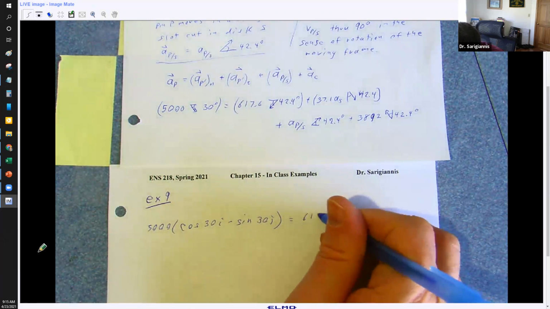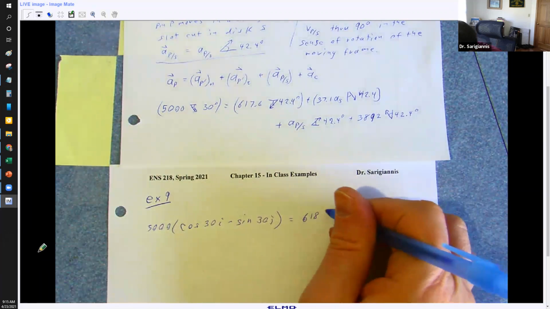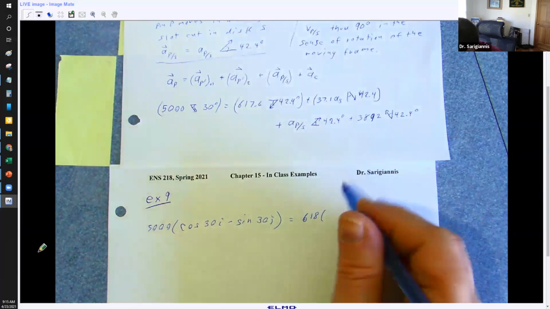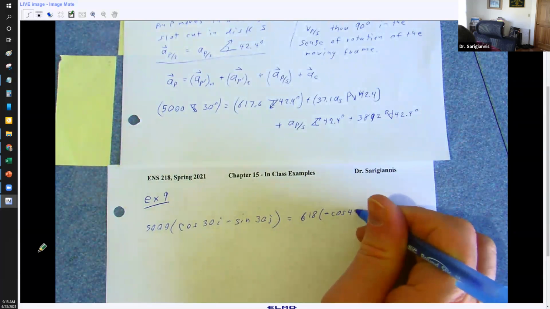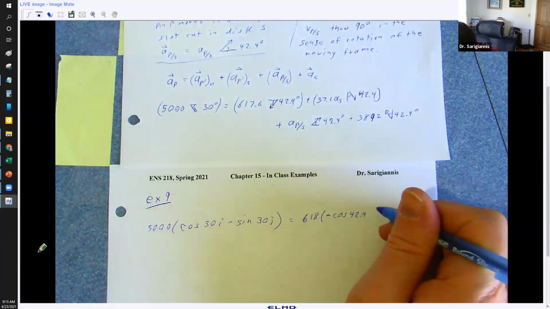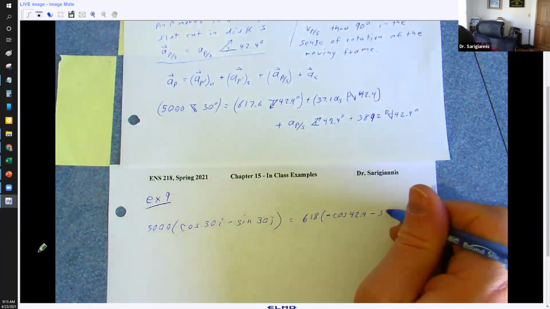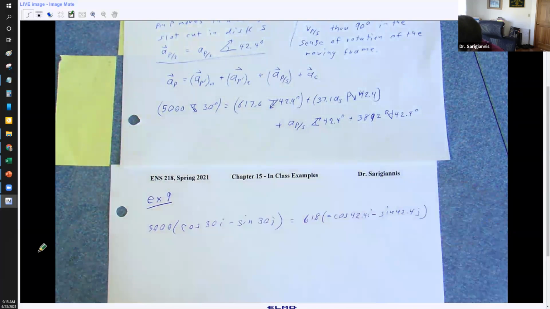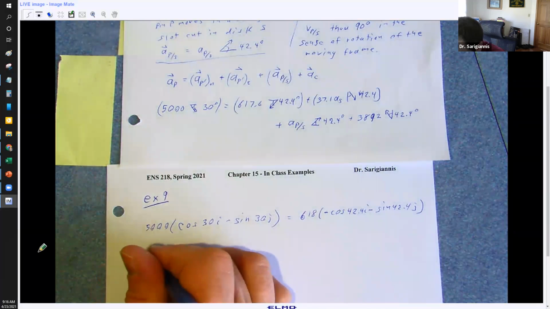We've got, I'm just going to round this to 618. And again we've got the direction, negative cosine 42.4 I minus sine 42.4 J. Oops, I have to put the I's and J's in here. Trying to avoid too many parentheses. I'm going to keep adding terms on here.